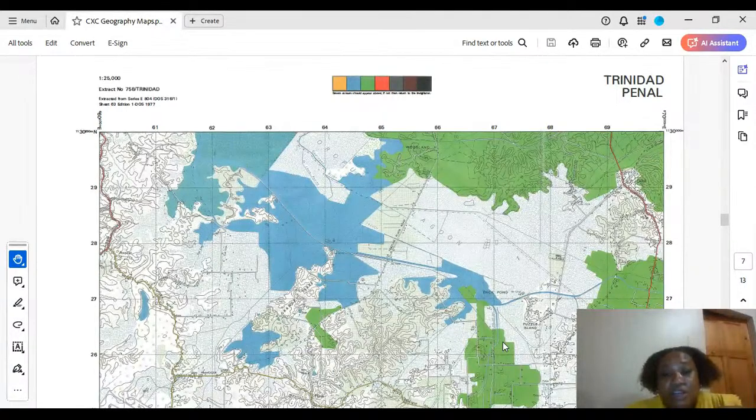So the location, right? Settlements are located near to the rivers because the rivers act as a water supply, domestic use, agricultural use in terms of irrigation. Settlements are located near to roads or transportation, as they act as a form of transportation, right? Communication, accessibility to areas.